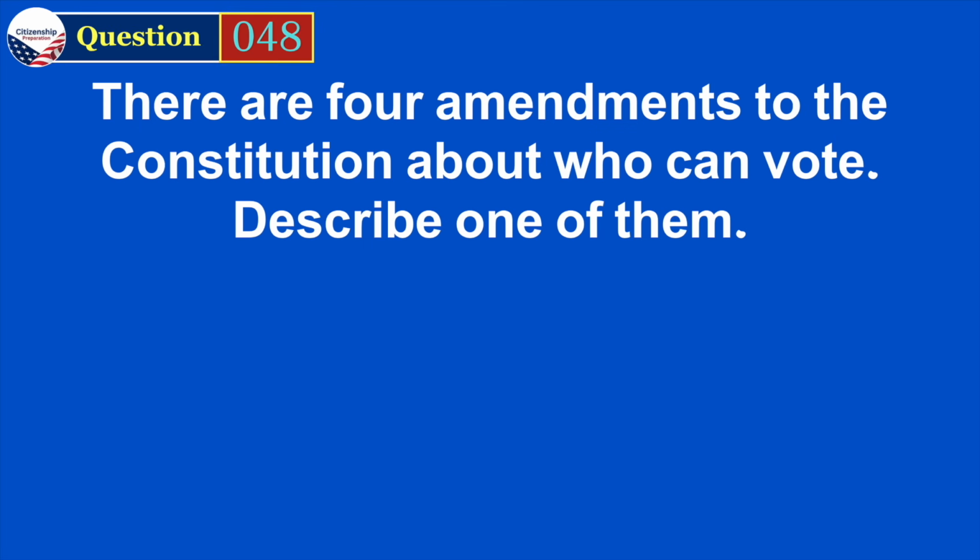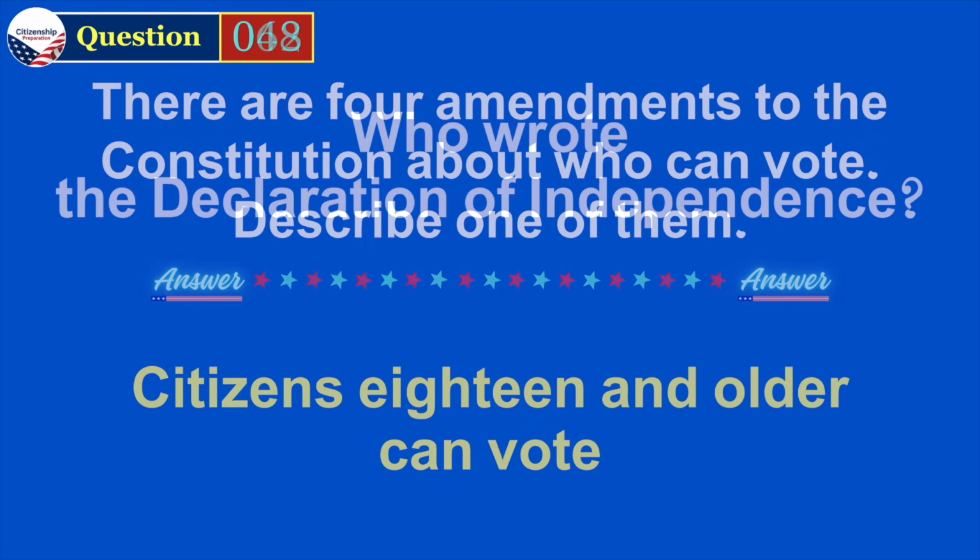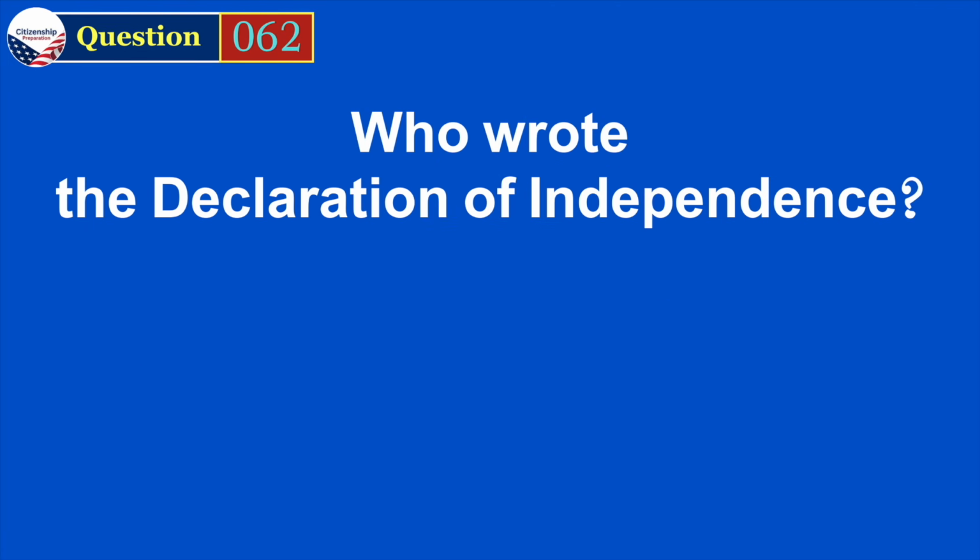There are 4 amendments to the Constitution about who can vote. Describe one of them. Citizens 18 and older can vote. Who wrote the Declaration of Independence?